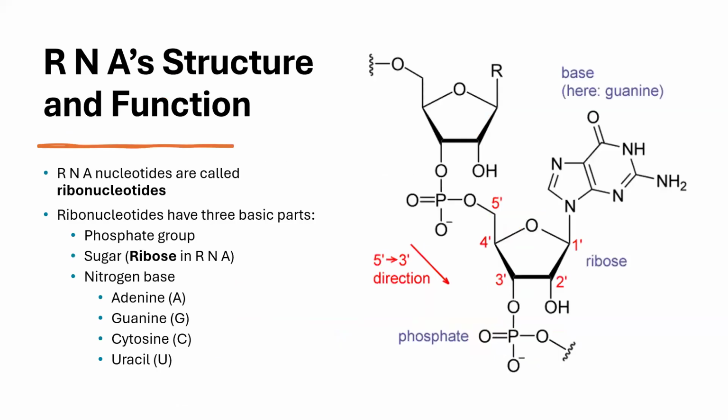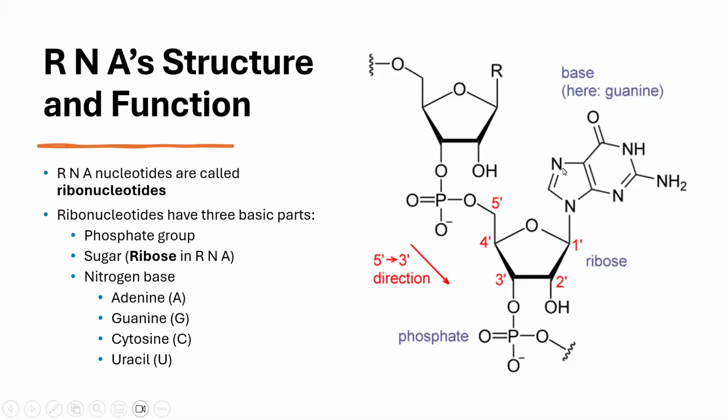Now, RNA is very similar to DNA. There are a couple of differences, which we'll highlight here. One similarity is that they're still made up of your three basic parts, which is a phosphate, the ribose sugar, and a nitrogenous base. The big difference is that uracil is subbed in for thymine. The ribose sugar is going to have this OH on the 2' carbon instead of just a hydrogen, which is what deoxyribose has.